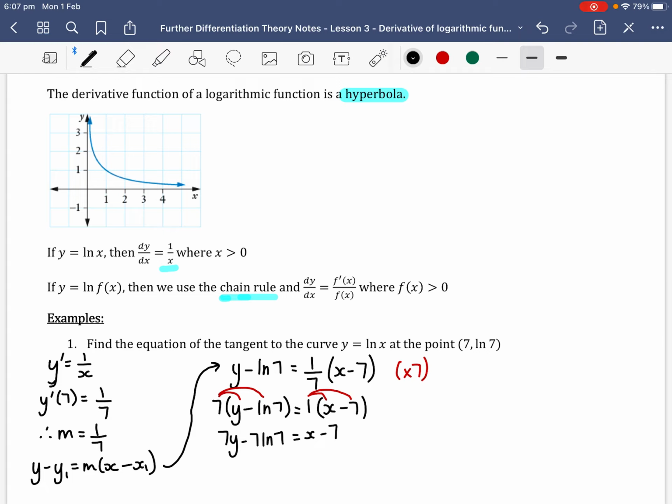We want our x to be positive, so we'll have x minus 7y minus 7 plus 7 ln 7 equals 0. What we've done is bring everything from the left-hand side to the right-hand side. To summarize, we minus 7y and we plus 7 ln 7 to both sides. And that is our equation of the tangent to the curve y equals ln x at the point (7, ln 7).